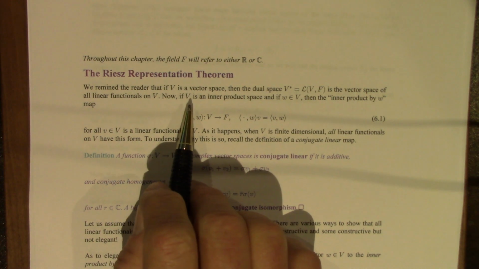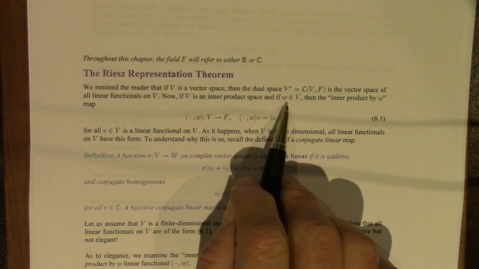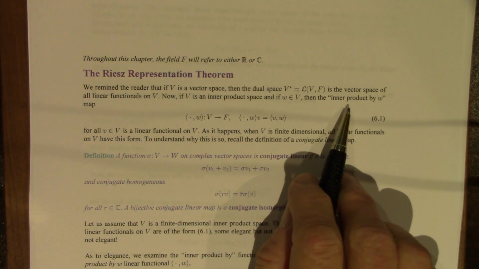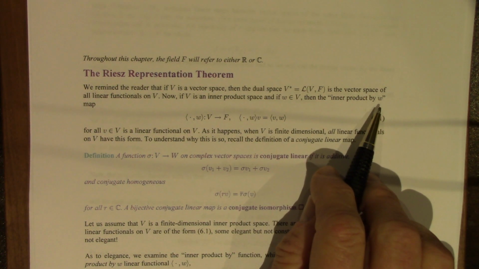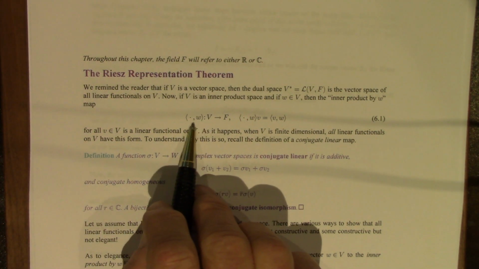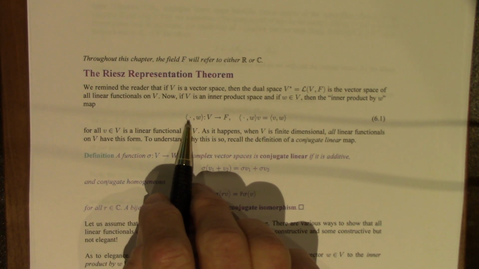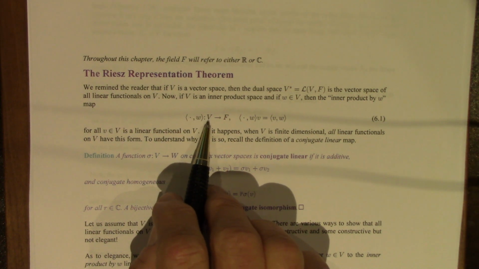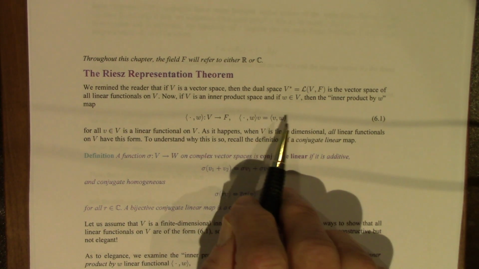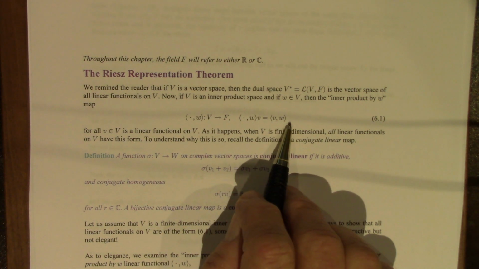Now, if V is an inner product space, and if w is a vector in V, then the inner product by w function looks like this. This is the notation. The dot is a placeholder for the variable. This is a function mapping V to F, and when you apply this function to a vector v, it's just the inner product of v with w.